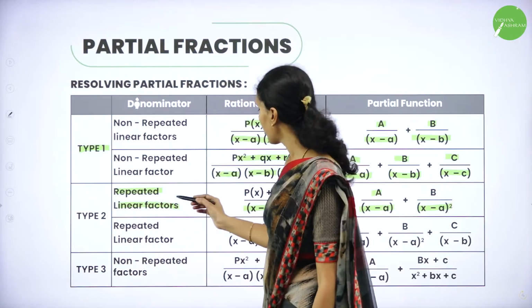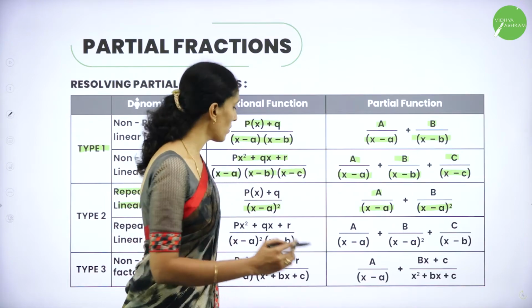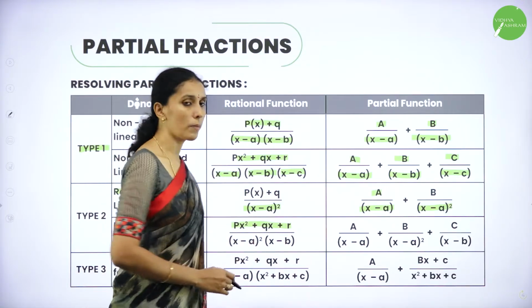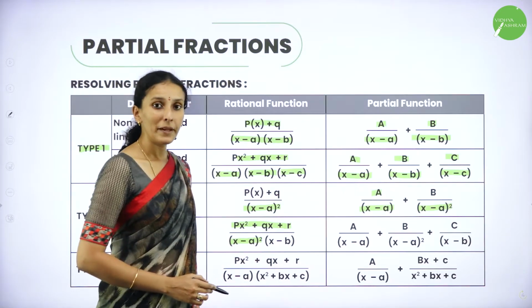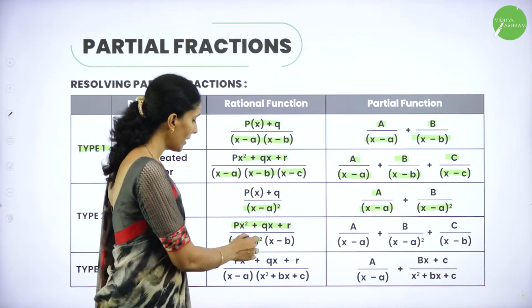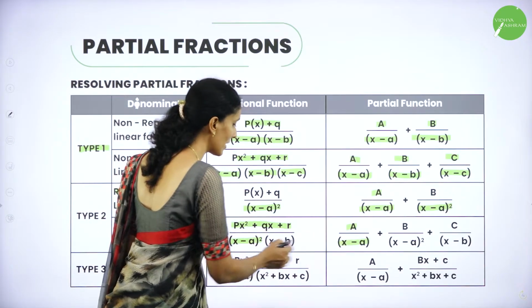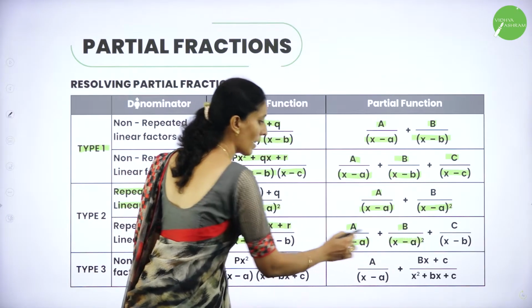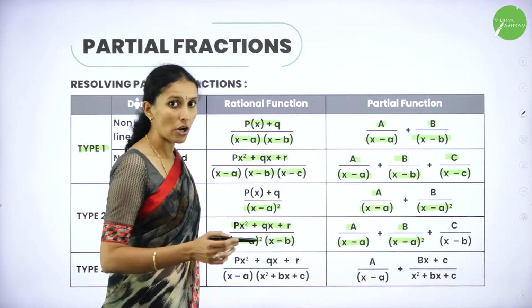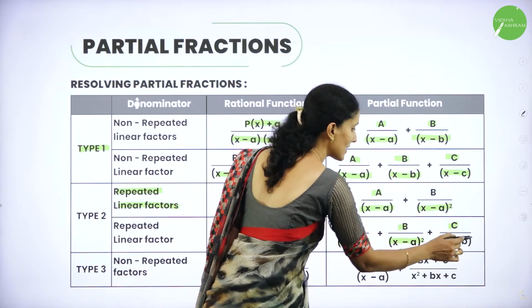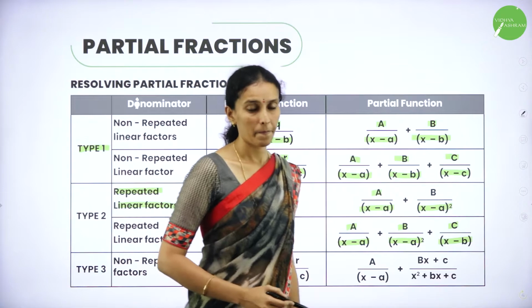The same condition holds if you have a quadratic polynomial in the numerator and a repeated linear factor: the factor which is repeated can be written as a by x minus a, b by x minus a whole square. And one more linear factor you have which is not repeated, then take that as a sum of one more, that is c by x minus b.